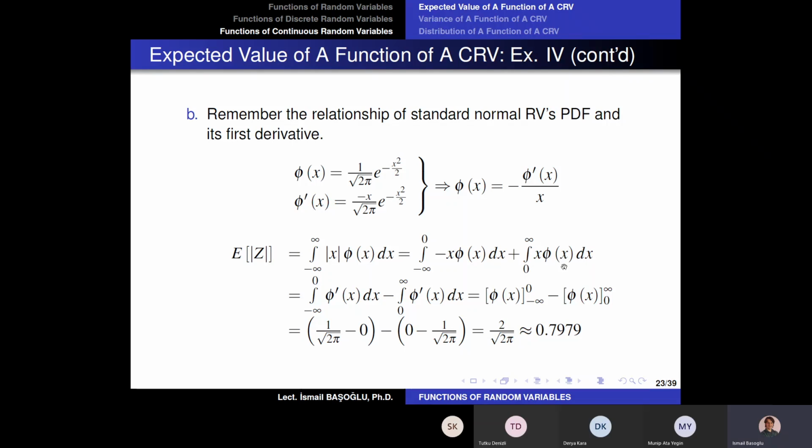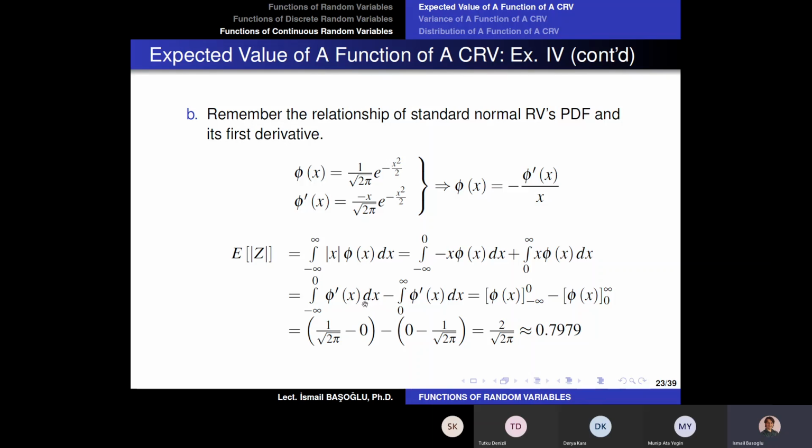So instead of that integrand, we can write the negative of the first derivative of the PDF. Okay, so now these integrands are much more easily integrated, right? So what is the integral of the first derivative of phi(x)? It is phi(x). And here again, because we have this minus sign outside the integral, the integral of the first derivative is again equal to phi(x).